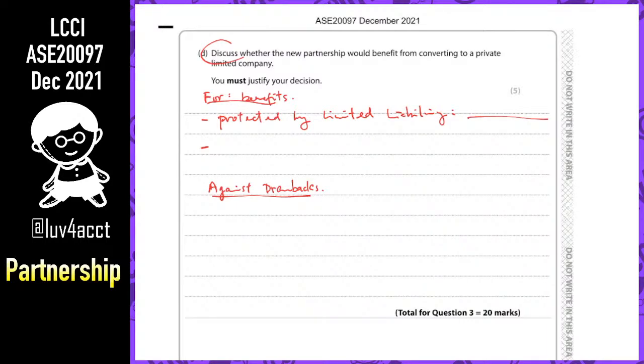So it would be easier to get finance, whether it is from a bank or from another investor. And this will enable growth, a better chance of growing.